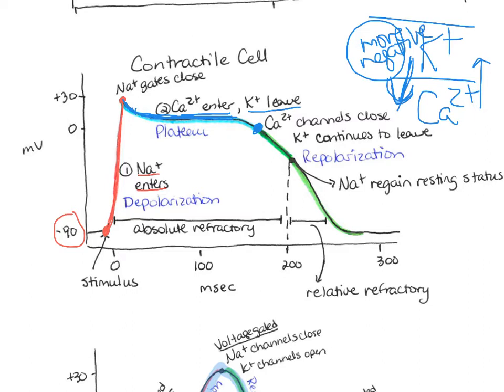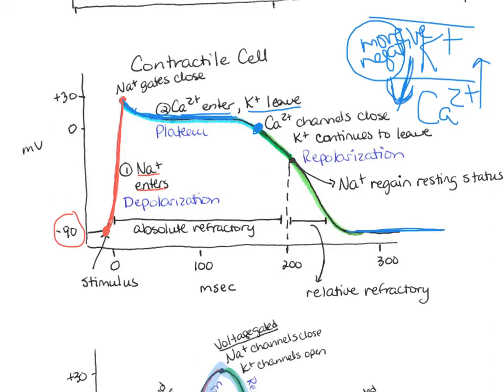So now we get our normal repolarization. Okay. The repolarization is going to continue until it gets down to its resting membrane potential. It's going to stay at the resting membrane potential then until it receives another stimulus.